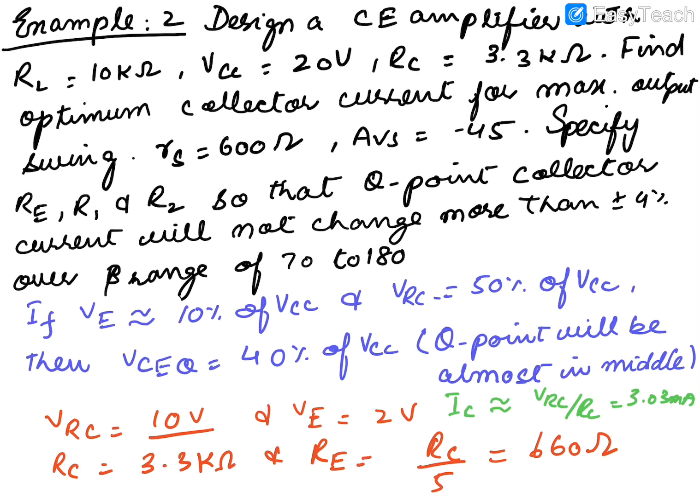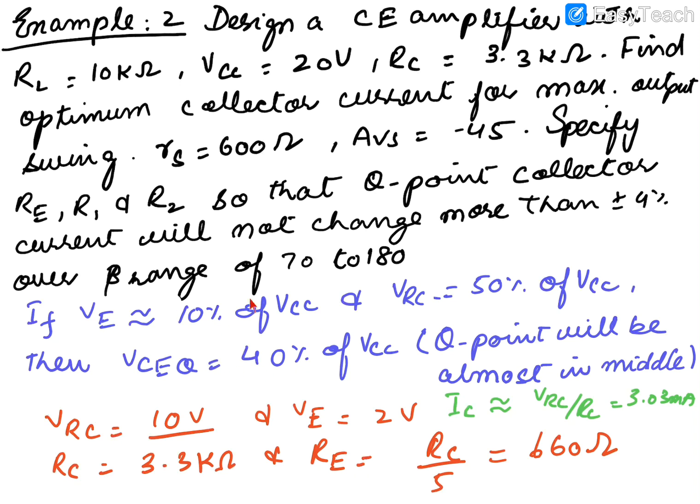Normally, as a rule of thumb, we take VE as 10% of VCC. If VRC is 50% of VCC, then the voltage left for VCE will be 40% of VCC. So this is the optimum value for the Q point VCE, because the Q point will be almost in the middle, as it is 40% of VCC.